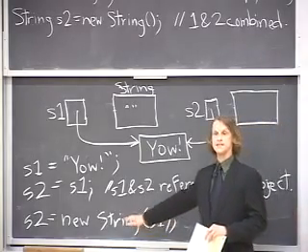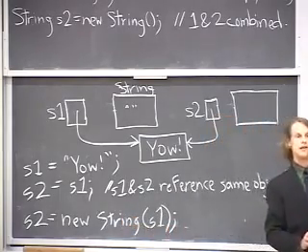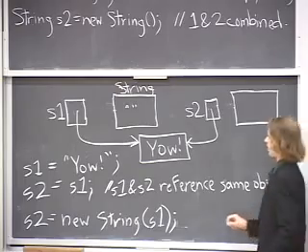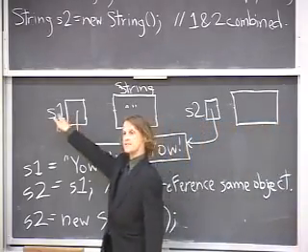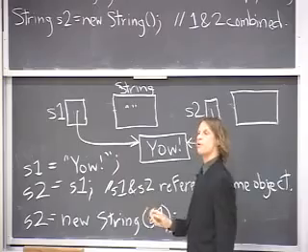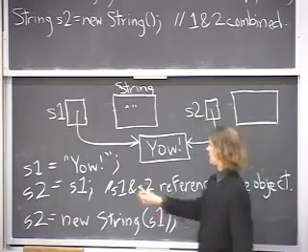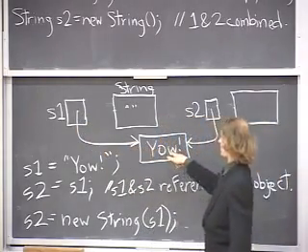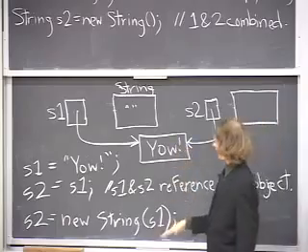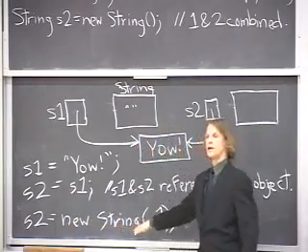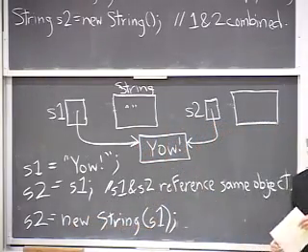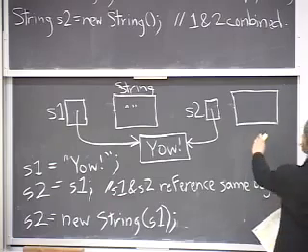This one line of code does 5 different things. So follow along with me here. First thing it does is it looks in the box s1 and it sees what s1 is pointing at. The second thing it does is it follows that pointer and it finds the object. The third thing it does is new string constructs a new object which is a copy of the original string.